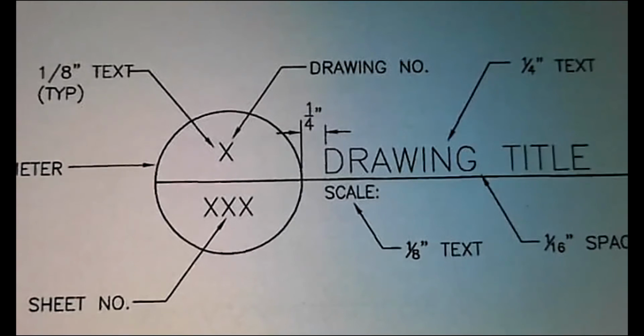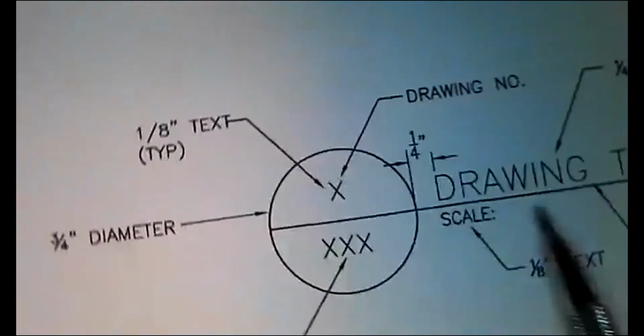Just like you did before, I've already laid out the guidelines for the drawing title, so that my exercise did not interfere with the text I'm going to draw there. Now I'm going to lay out the rest of the guidelines.